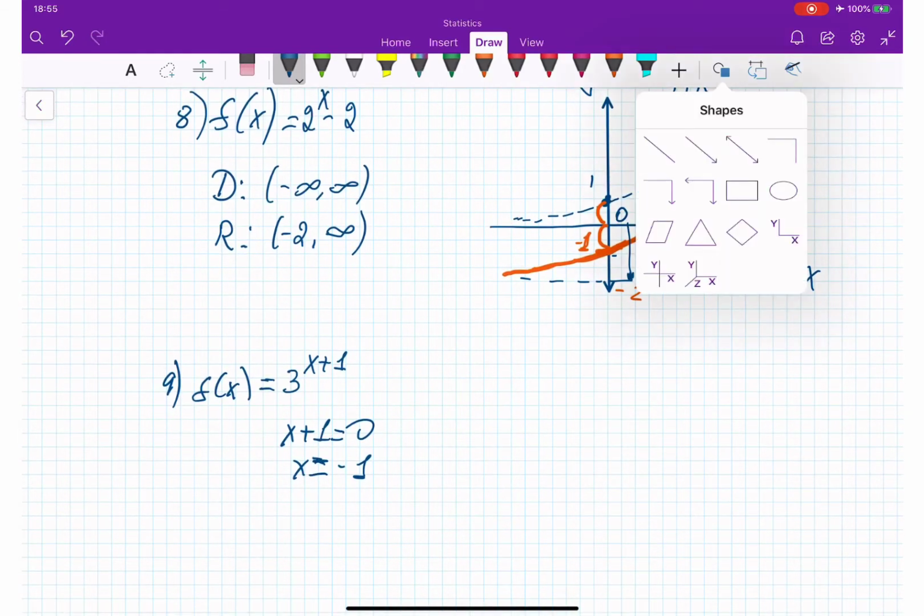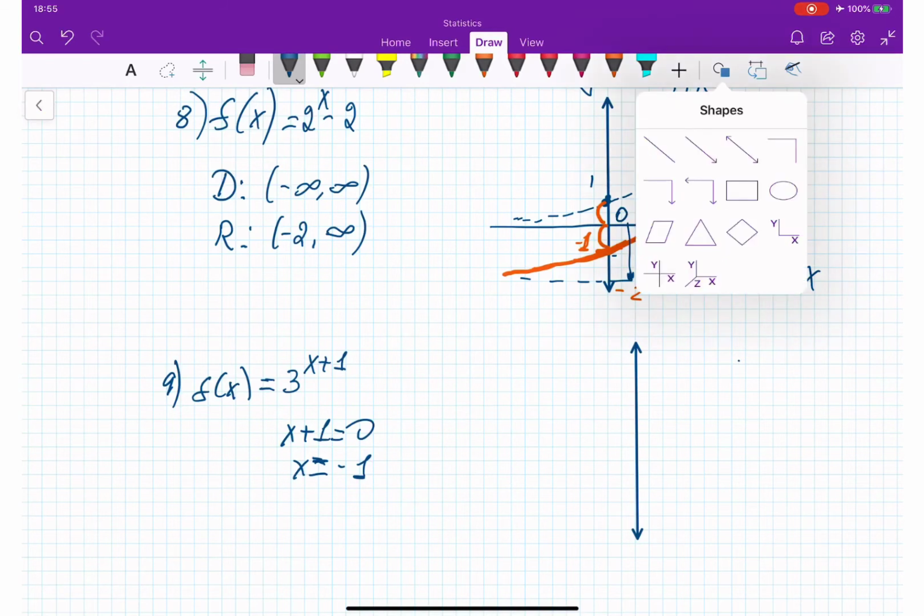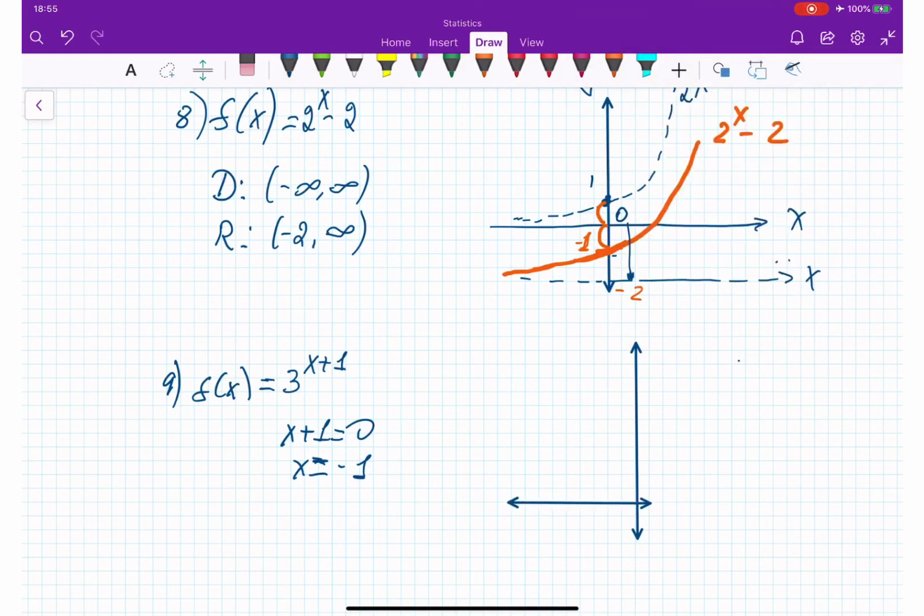Okay, so let me take the graph. What we are going to have here is x plus 1.